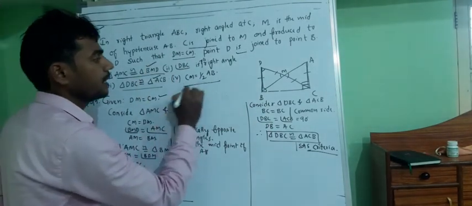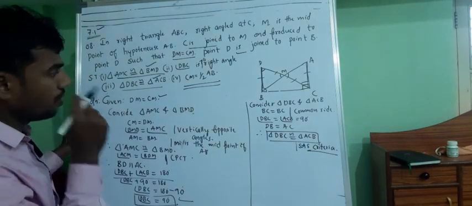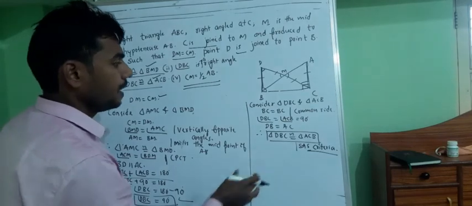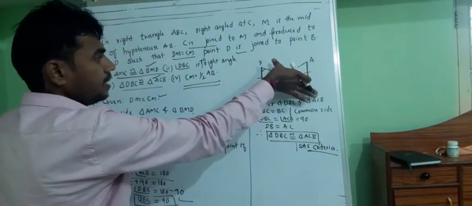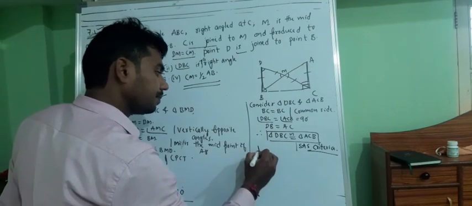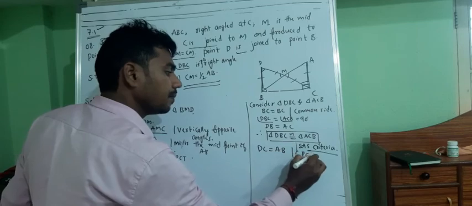We need to show CM is equal to half of AB. Fine. Now, we know that, through this, we can write DC is equal to AB. Why? CPCT.